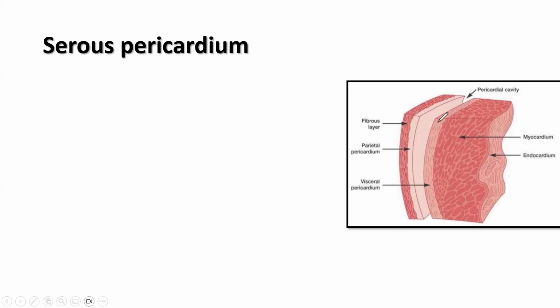Actually, this epicardium is formed by the visceral layer of serous pericardium. So, the visceral layer of serous pericardium forms the outermost layer of the heart. Then, this is the pericardial cavity, and outside the pericardial cavity there is the parietal layer of serous pericardium, and this is the fibrous pericardium.